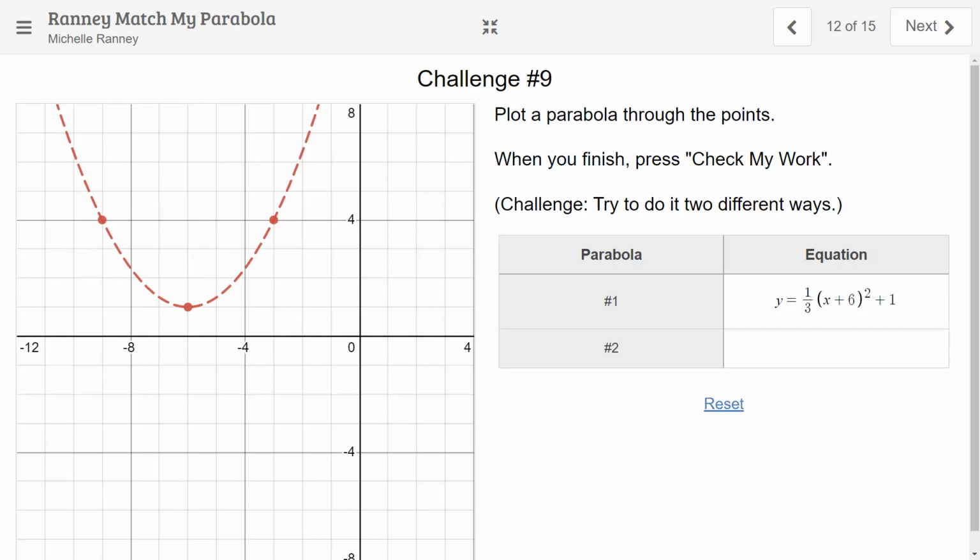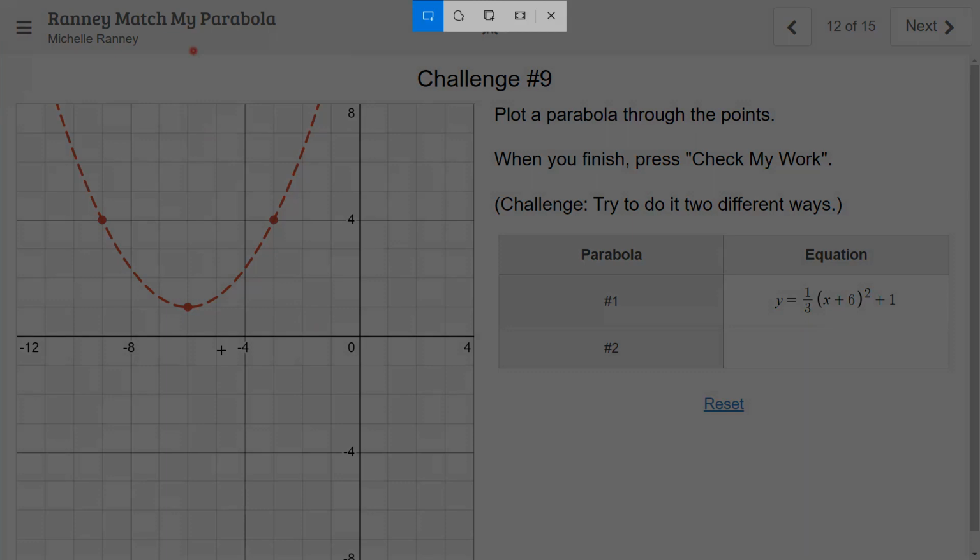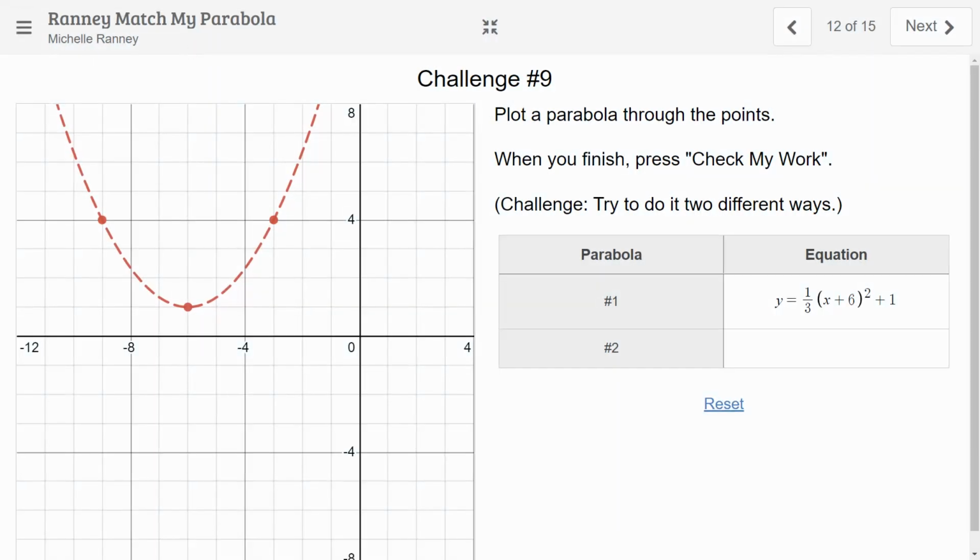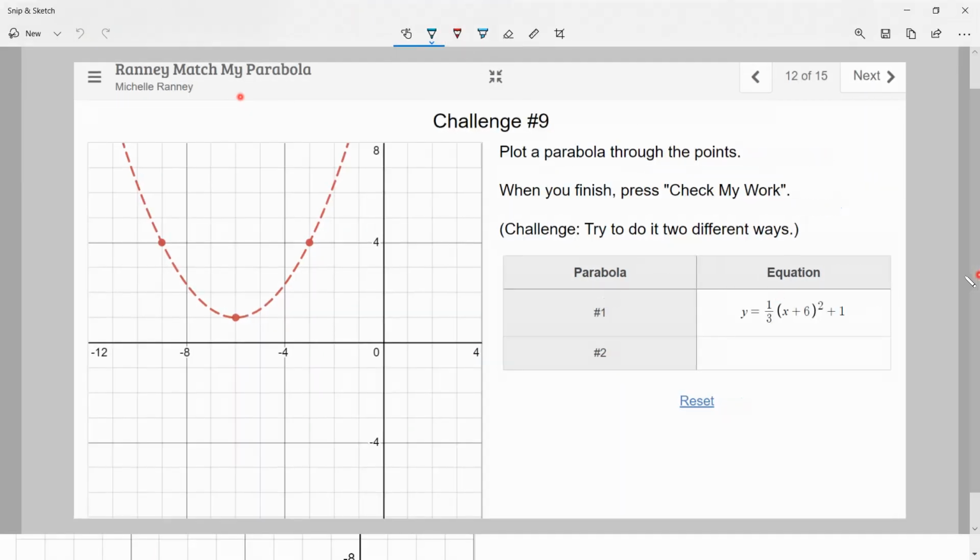So if I was doing this, I would actually work this out. Okay, so x plus 6 squared would be x squared plus 12x plus 36. That is x plus 6 squared.